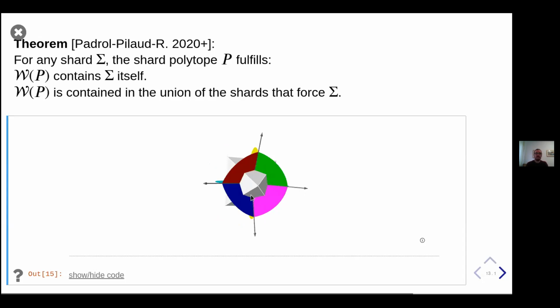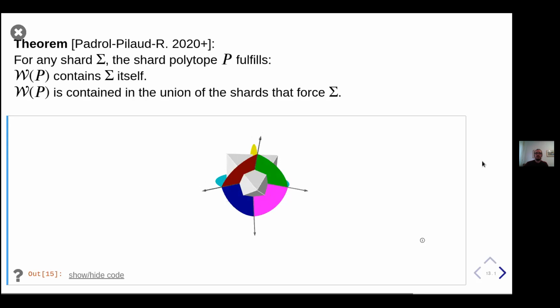And secondly, we will not add anything that we did not want to have in the quotient fan. Because remember, we want to construct a quotient fan, a quotient tope for a certain quotient. A quotient corresponds to an upper set in the forcing poset. And all the walls that appear here will be parts of shards that are above the shard we constructed the shard polytope for in that forcing poset.